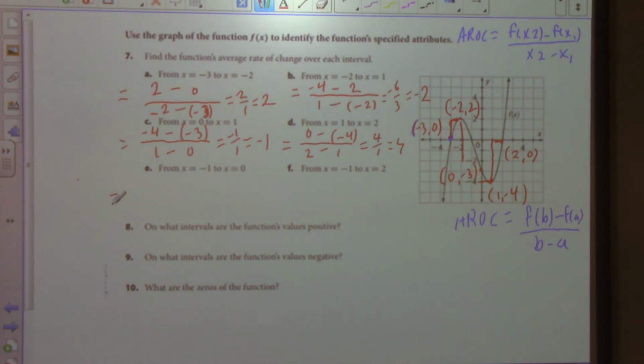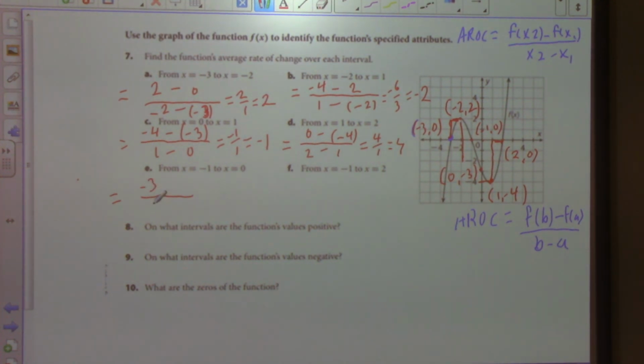In E, we have from -1 to 0, and I think we don't have -1 yet. So -1, we have (-1, 0), right? So now for this one here, f of 0 is -3, right?